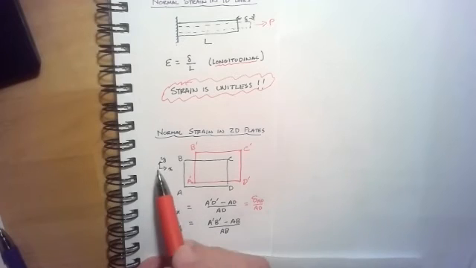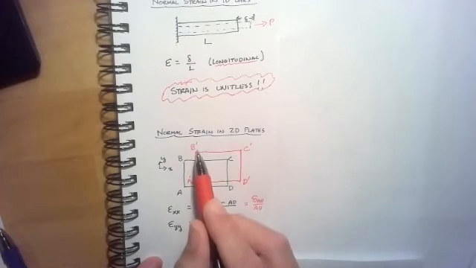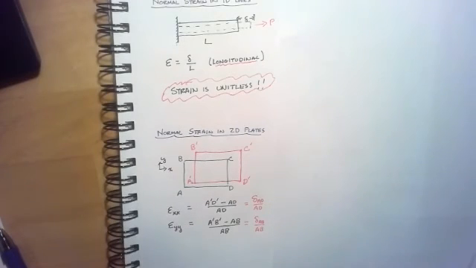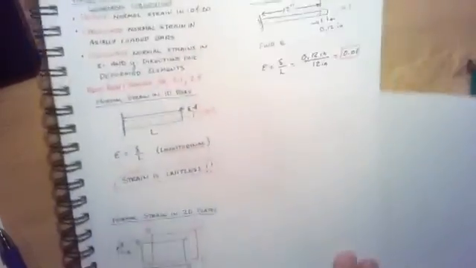Well, I could consider strain in the y direction as well, and that would be the length A prime B prime minus the length AB divided by AB, and that would also be delta AB divided by AB. So it's just the same principle applied to higher dimensions. Now we can talk about some examples.